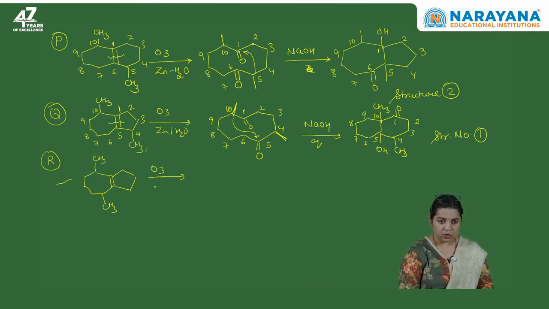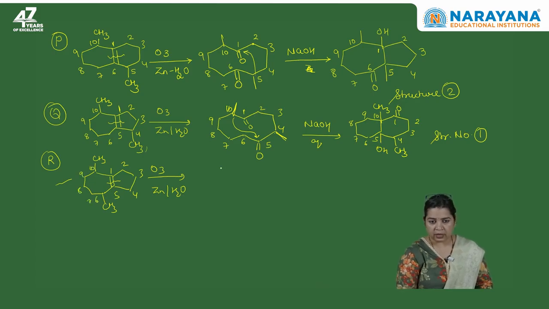Repeat the process: ozone, zinc and water. Break 1, 2, 3, 4, 5, 6, 7, 8, 9, 10. Let us repeat. So 1 and 5 will have the bonds, 1, 2, 3, 4, this being 5.